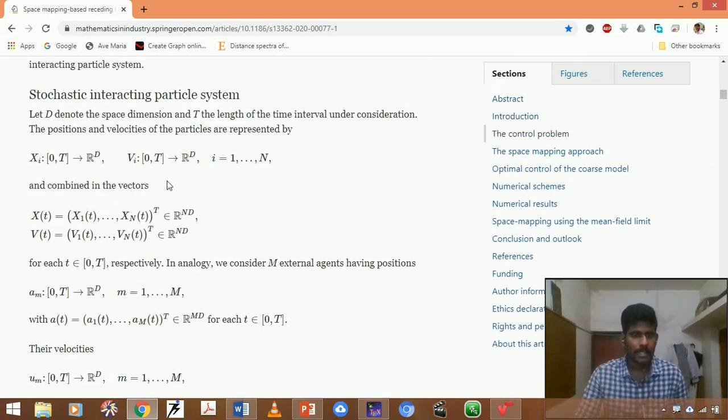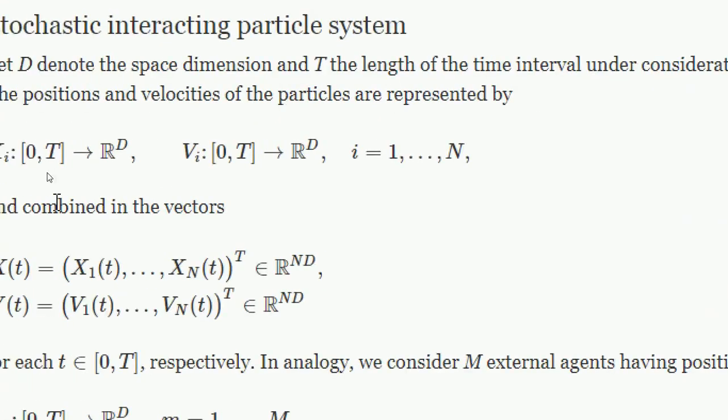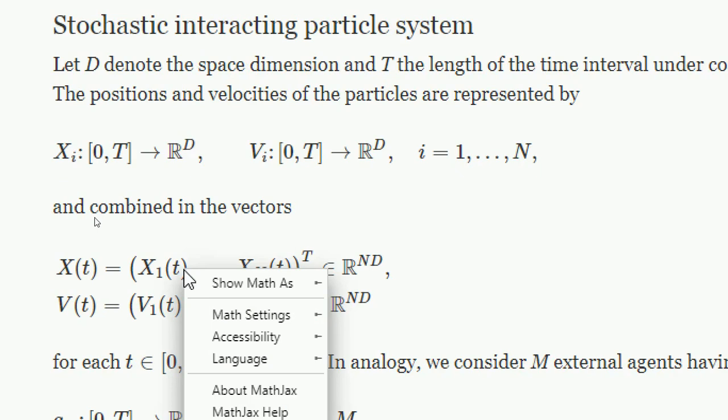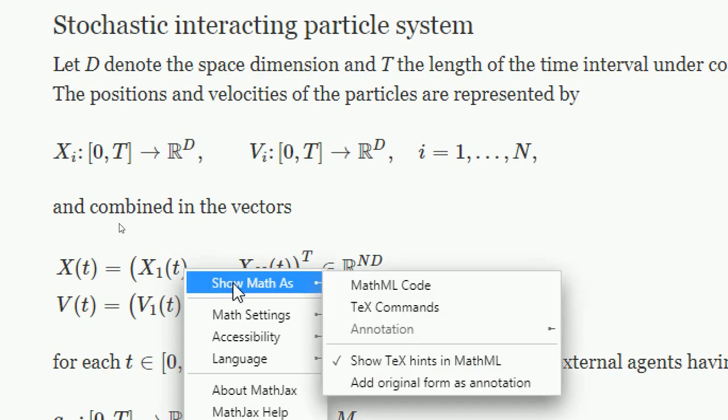Here you could see some mathematical expressions, actually produced using LaTeX codes. You can notice it by simply right-clicking, and then 2 codes are embedded. One is MathML code, and the other is TeX commands.